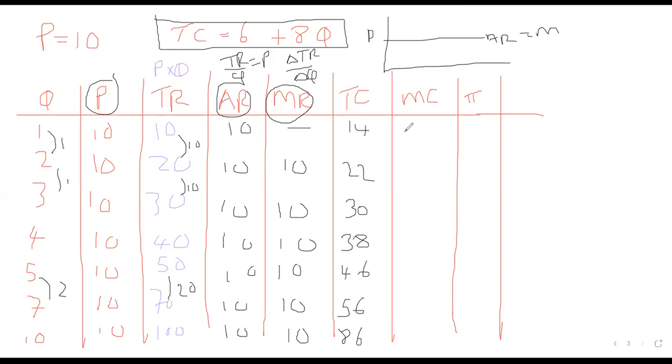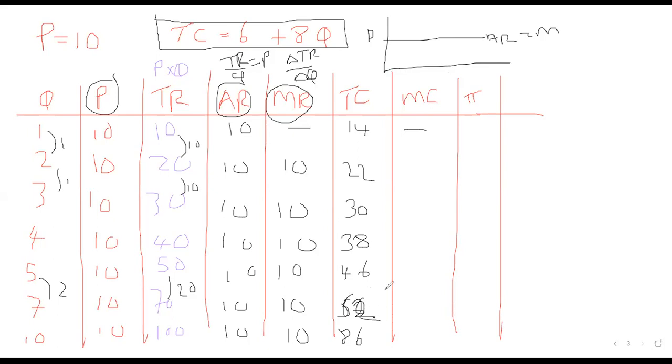Then we look for the change here. First is the dash, change in total cost over change in quantity. So from here to there. On 7, I think it's supposed to be 62, not 56. Yes, 56 is 8 by 7, then you add the 6.